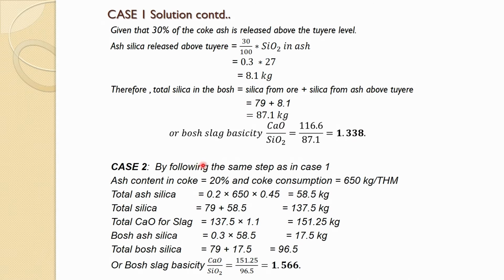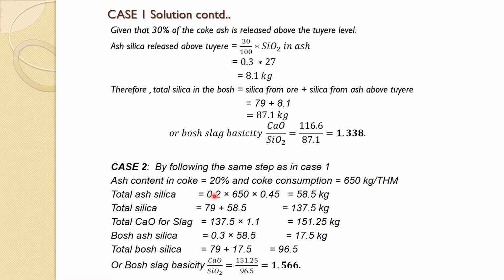Now, if we come to the second case, what it is saying is, the S content in the coke has increased from 10 to 20% and coke consumption from 600 to 650 kg per ton of hot metal. All other data are the same. So, naturally the total silica in the S will increase, because 45% of this will give the total silica in the coke.